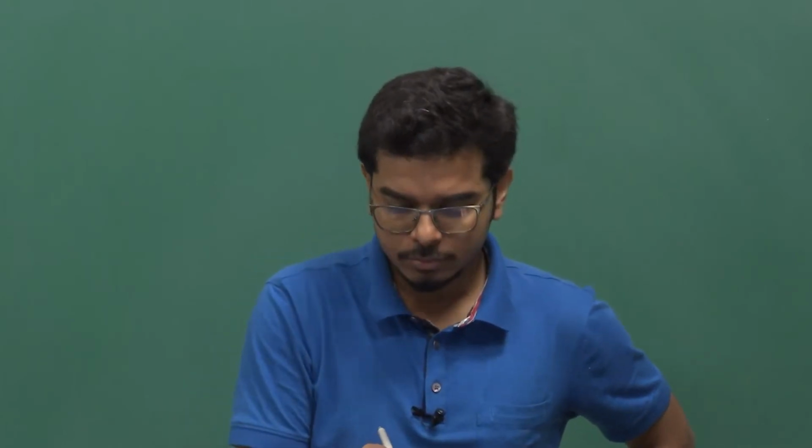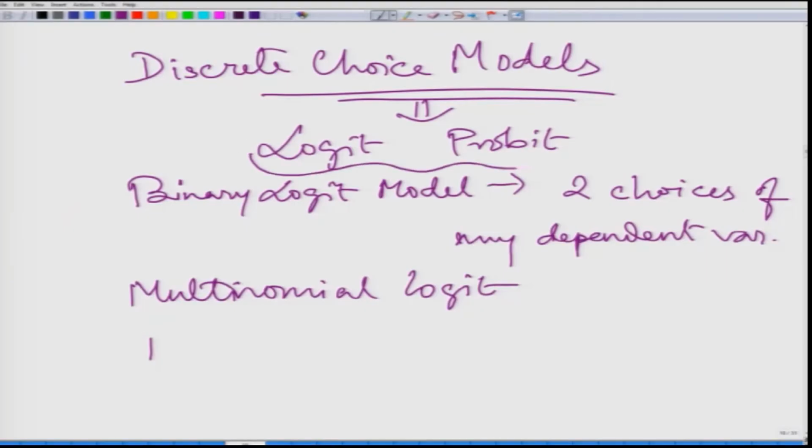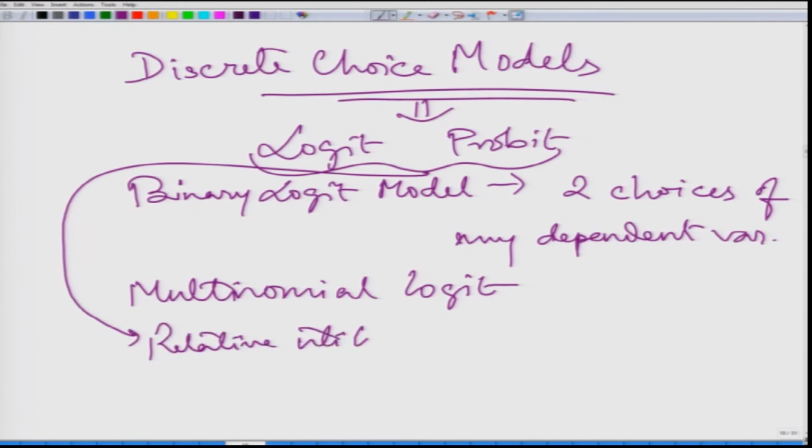So both logit and probit estimate a relative utility of choosing a hospital or not, if that is one category of my dependent variable, over the self remedies.